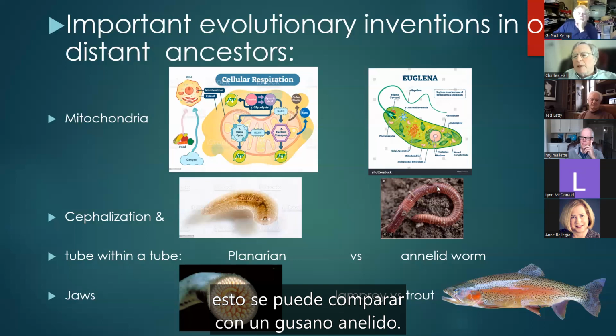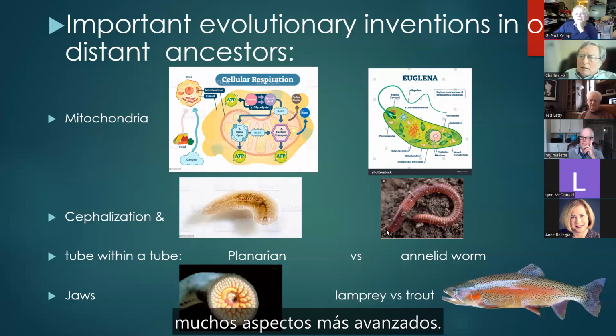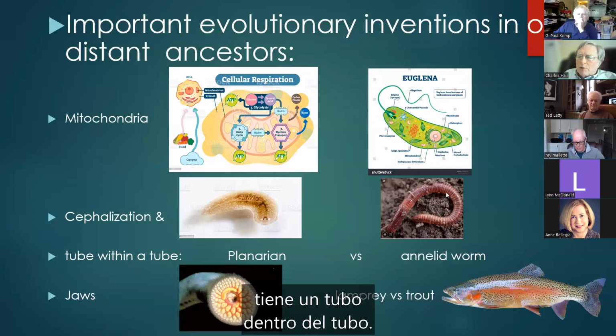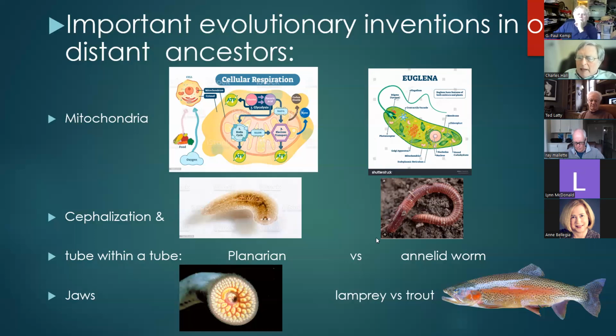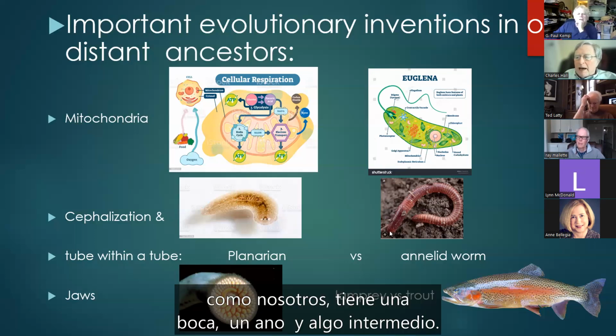And this can be compared with an annelid worm, in many respects more advanced, in that it has a tube within a tube. That is, like us, it has a mouth and an anus and a gut in between.